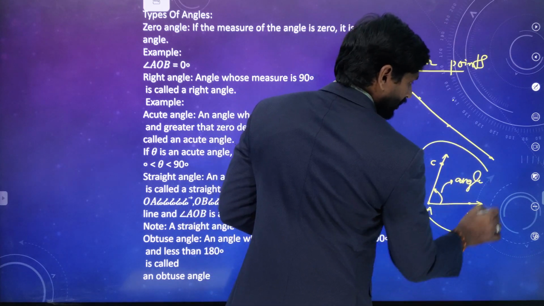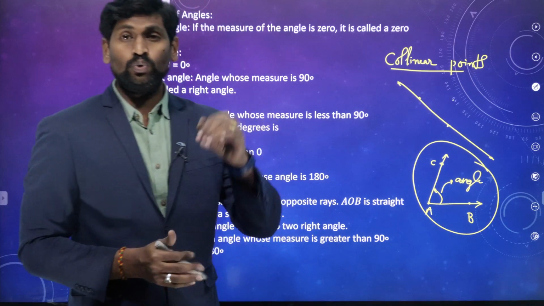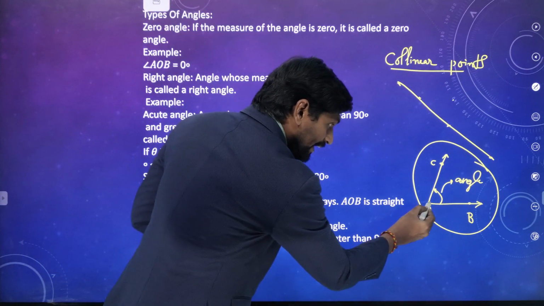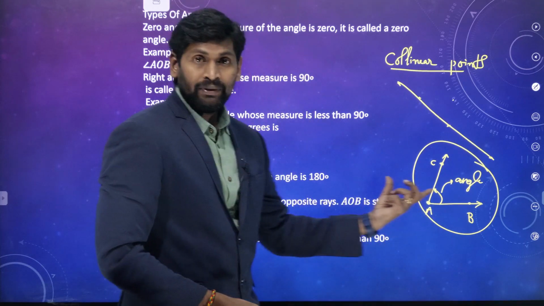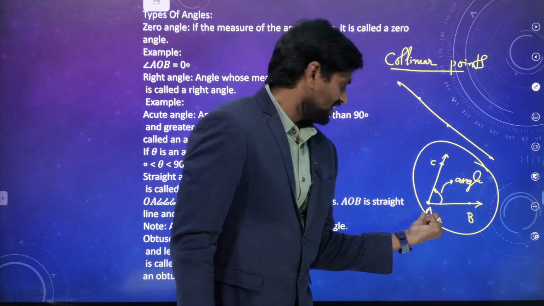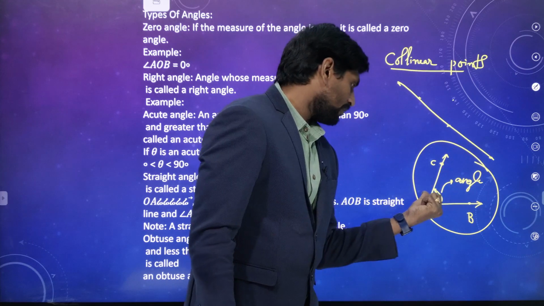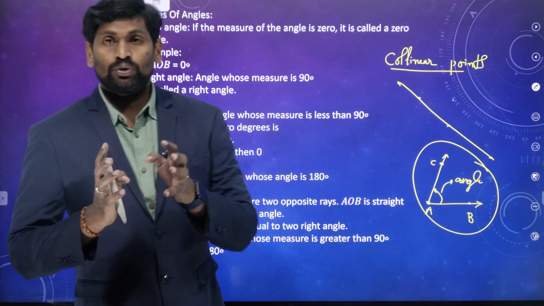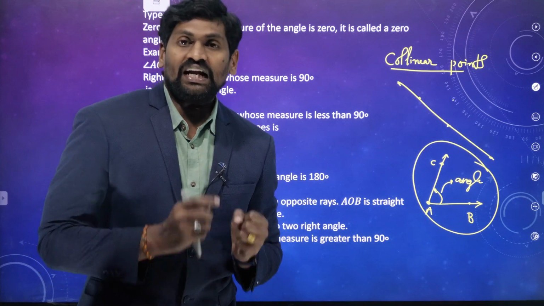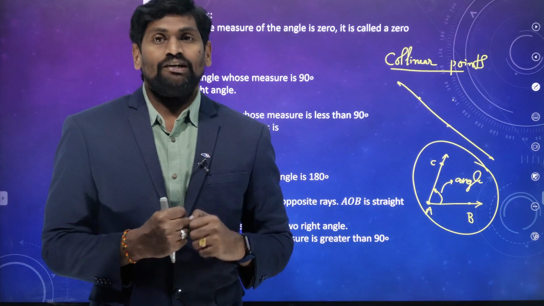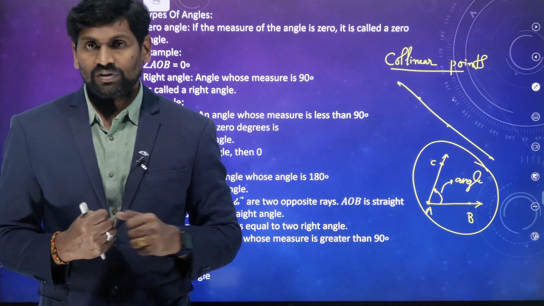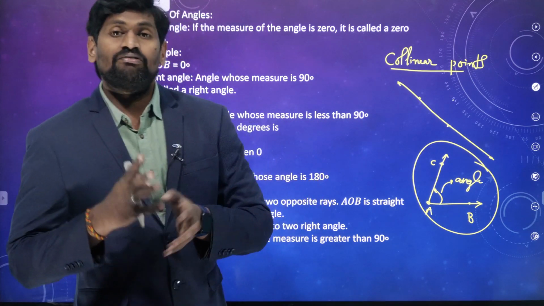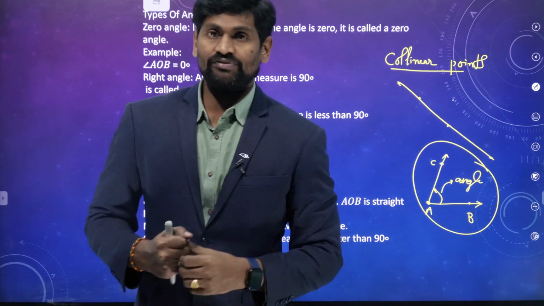So according to the definition of angle, 2 rays or line segments meeting at their common point form an angle. AB and AC both have a common point A. Two rays meeting at their common end point form an angle.